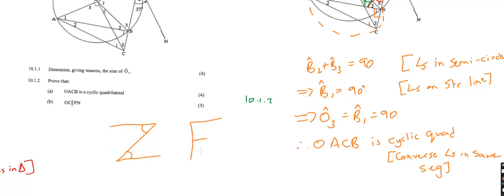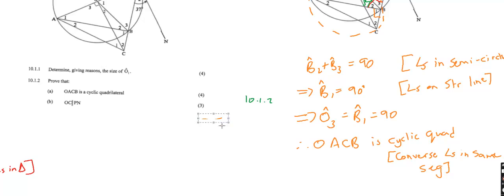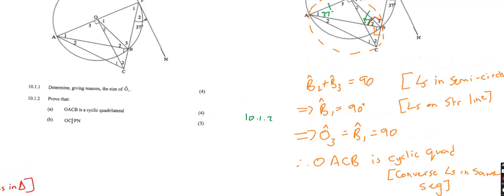If I've got angles in the F fashion and I prove that these angles will be equal to each other, then I've proven that these lines are parallel. But if I have angles in the U fashion and I prove that this angle plus this one gives us 180, then I've proven co-interior angles are supplementary. So one of those 3 is what we need to use.